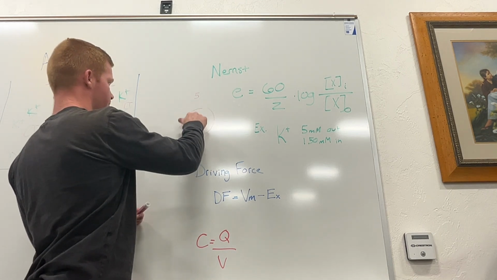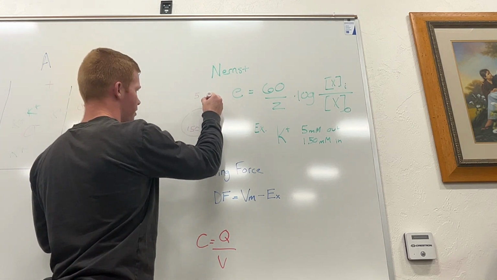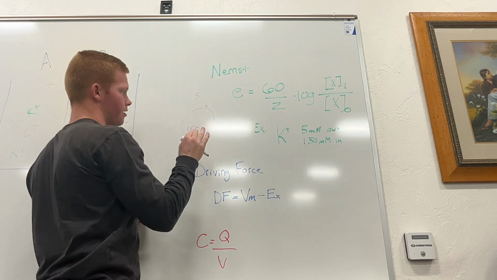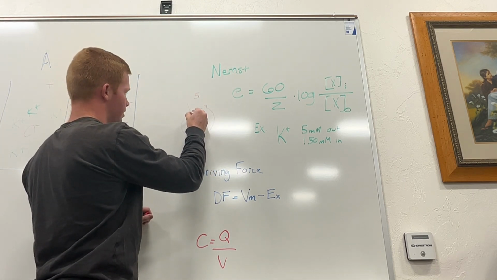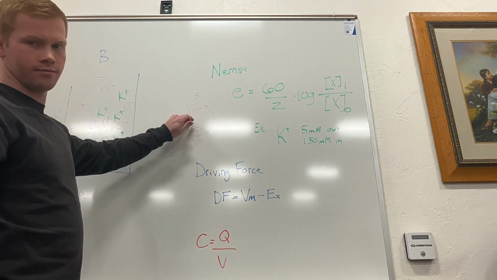And the equilibrium is when we have the same amount of potassiums going from inside the cell to outside the cell due to the concentration gradient, as the same number of potassium coming inside the cell due to the electrical gradient.